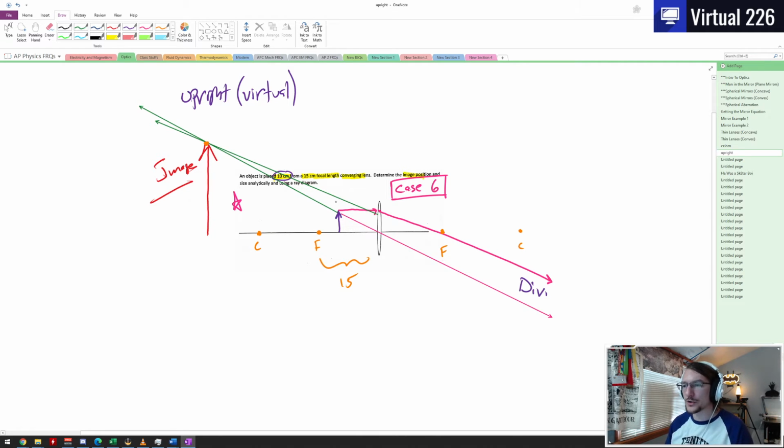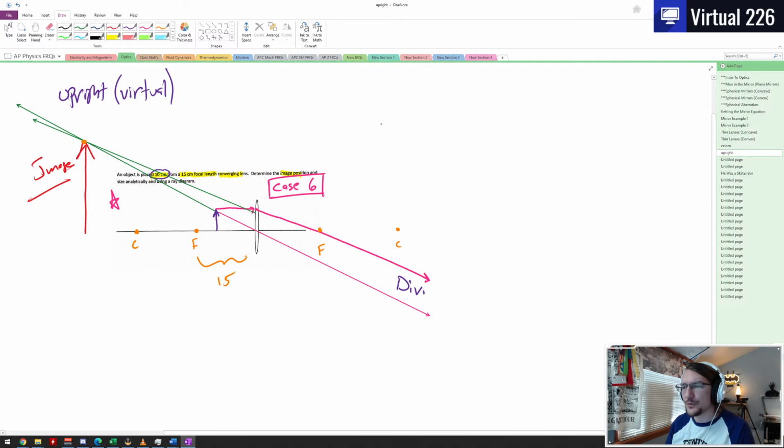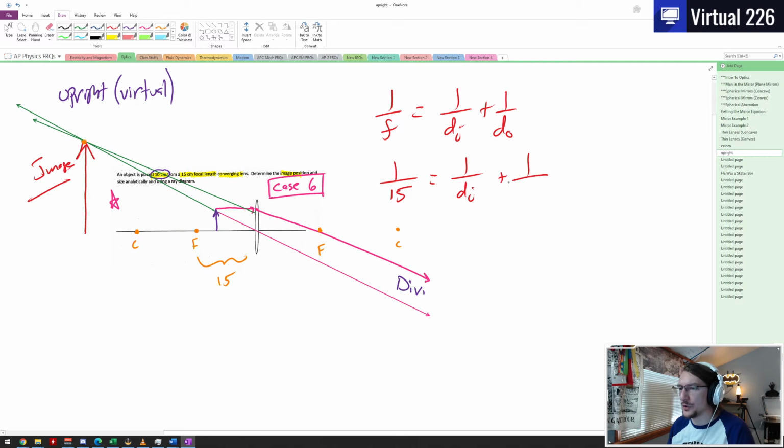So let's work through this, determine the image position and what our magnification should be. If we want our lens mirror equation, 1 over f equals 1 over di plus 1 over do. Our focal length is 15, and let's keep everything in centimeters. So 1 over 15 equals 1 over di plus 1 over, and our object distance was 10.